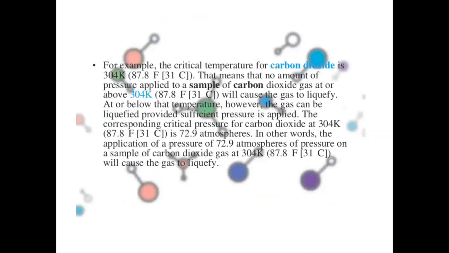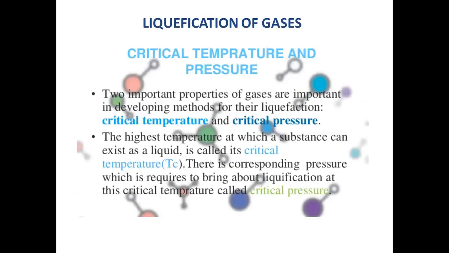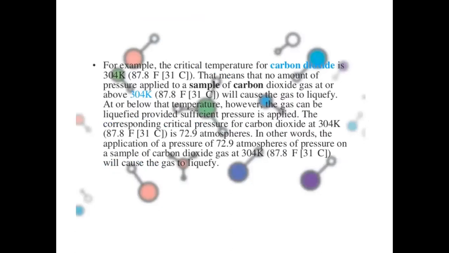We can understand it like this. For example, the critical temperature of carbon dioxide is 304 Kelvin. This means that no amount of pressure applied to a sample of carbon dioxide above 304 Kelvin can liquefy it. It means 304 is the critical temperature up to which a gas can exist as a liquid. Above that, it will not exist as a liquid.